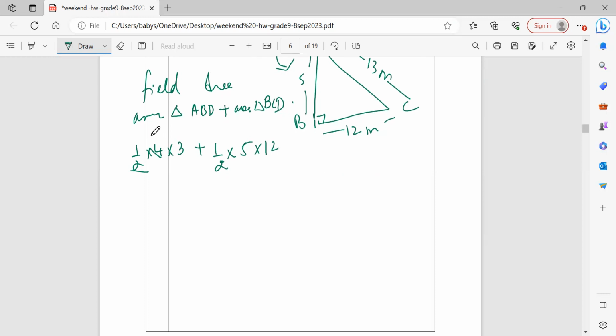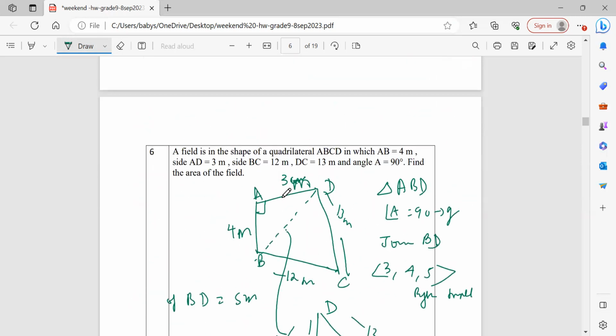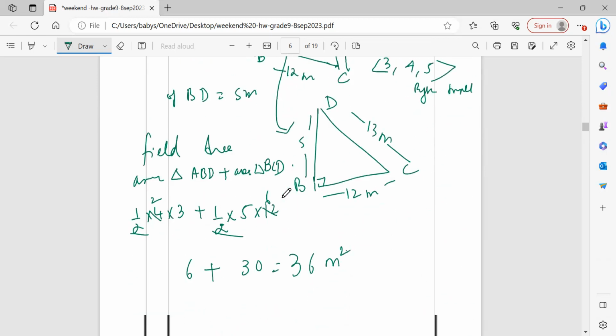So 6 plus 30, I'll get 36 meters. Sorry, it's meter square. Just be careful with the units. So 36 meter square is the area of the field.